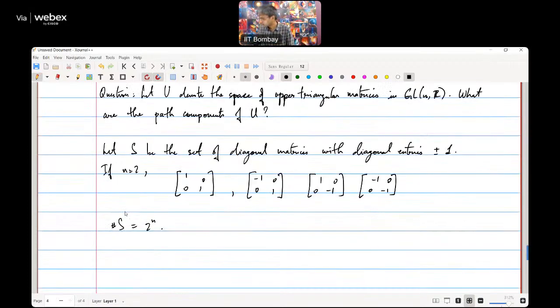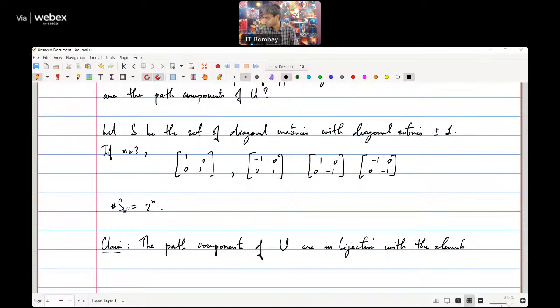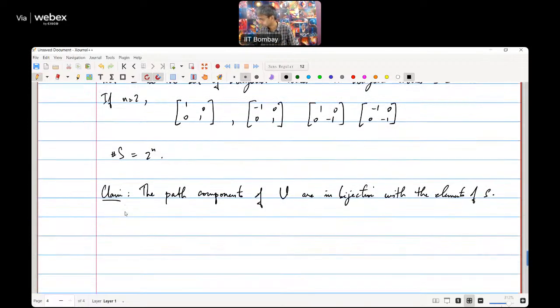Okay, so the claim is the path components of U, where U is the upper triangular matrices inside GL n R, are in bijection with the elements of S. In fact, each element of S is an element of U. So let's just go ahead with the proof.